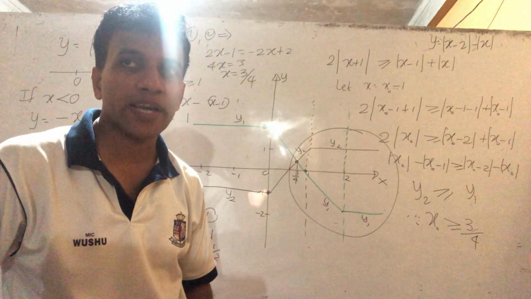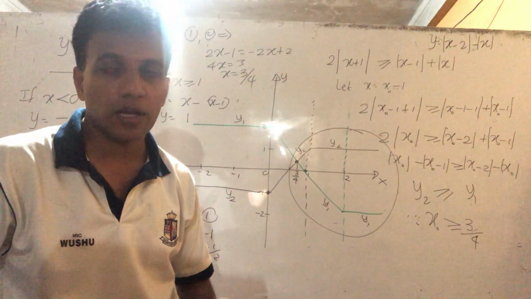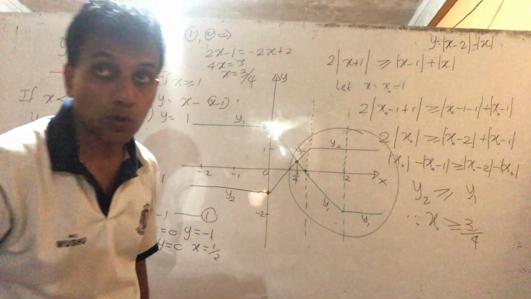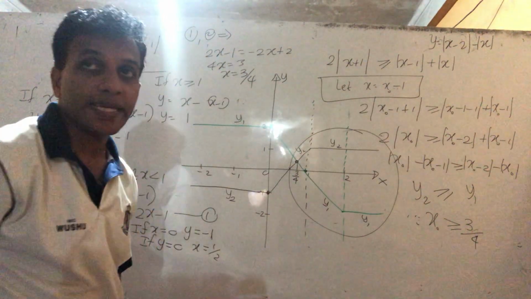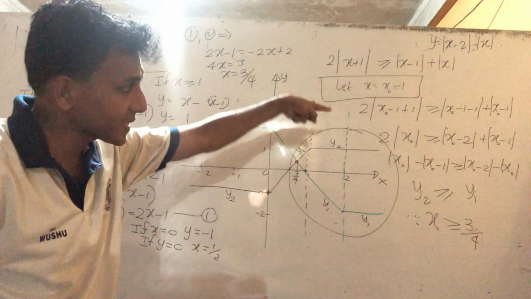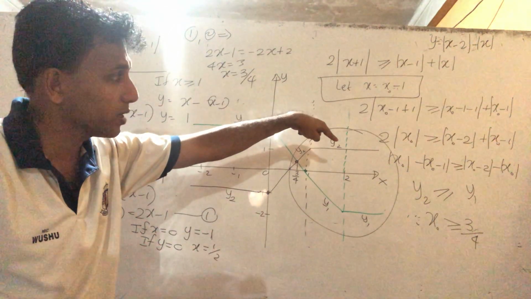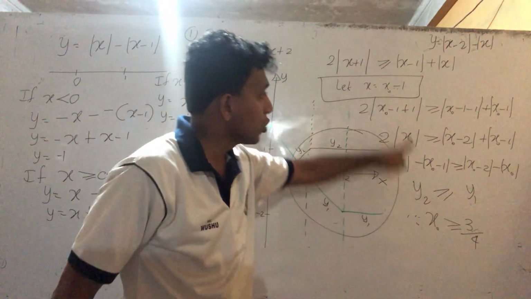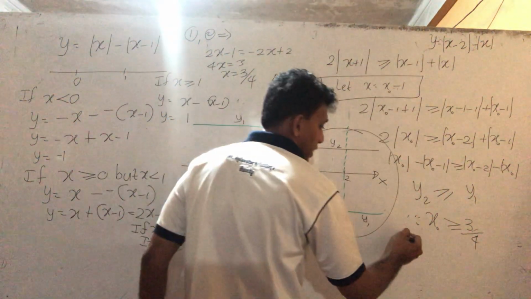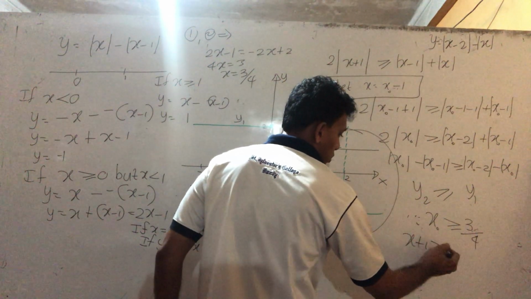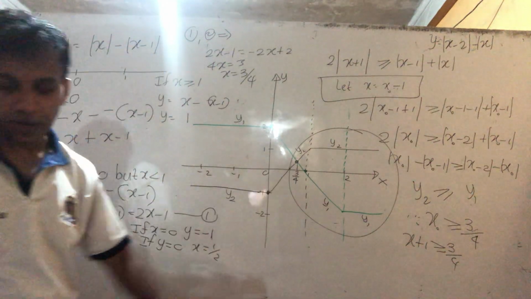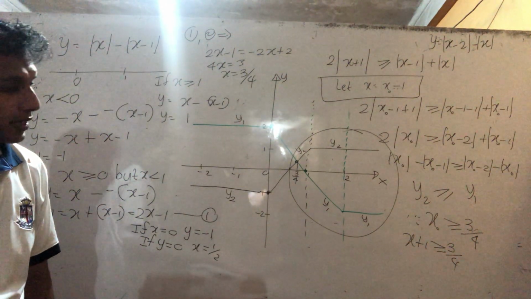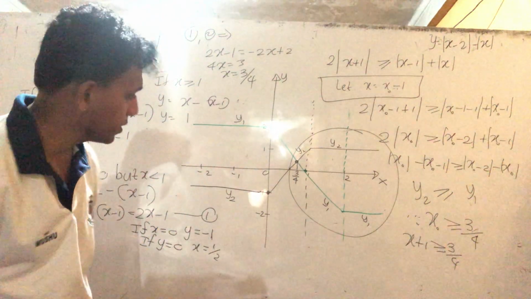But the question is to find the x boundary. Therefore, come to my substitution. I took x naught equals x plus 1, or x equals x naught minus 1. Therefore I can write x plus 1 greater or equal to 3 over 4. So take the plus 1 to the other side, and you can get the solution.